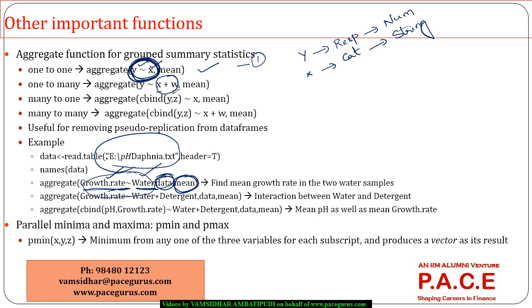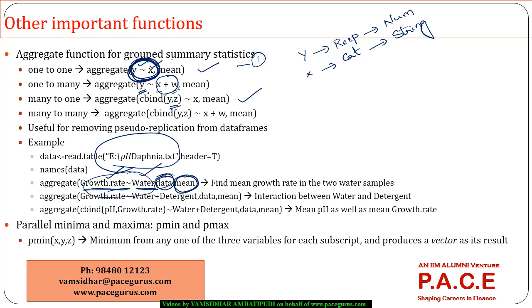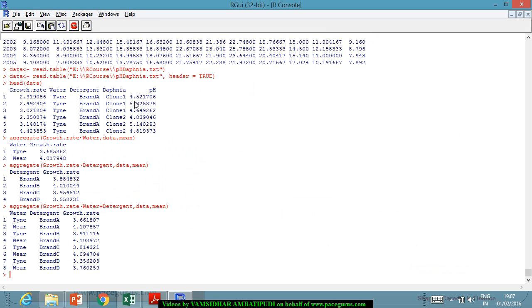And if I'm going with many to one, so in the response variable, there are 2 response variables. I want to look at both the growth rate as well as the pH, right? So if I want to do that kind of work, for the y variable, I'll not do x plus w. I'll join them using a cbind. Column binding is what I'm going to do. So I'll say aggregate, and instead of growth rate, I'll put cbind.